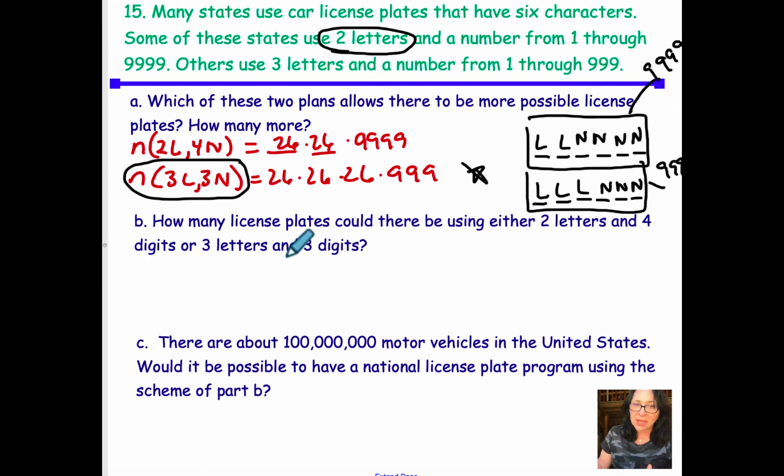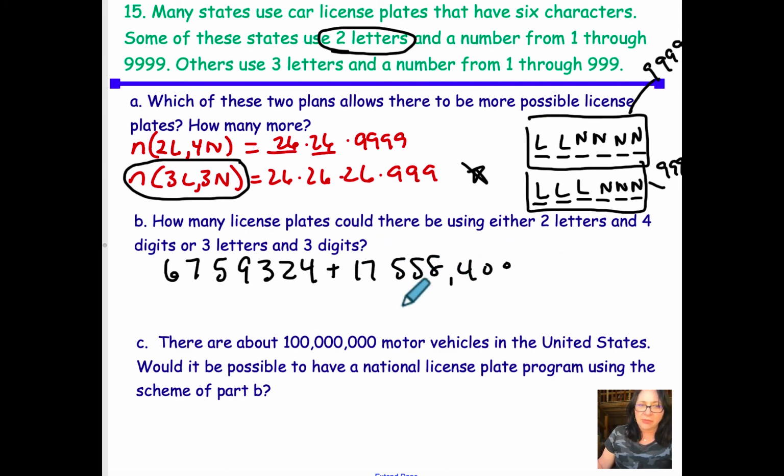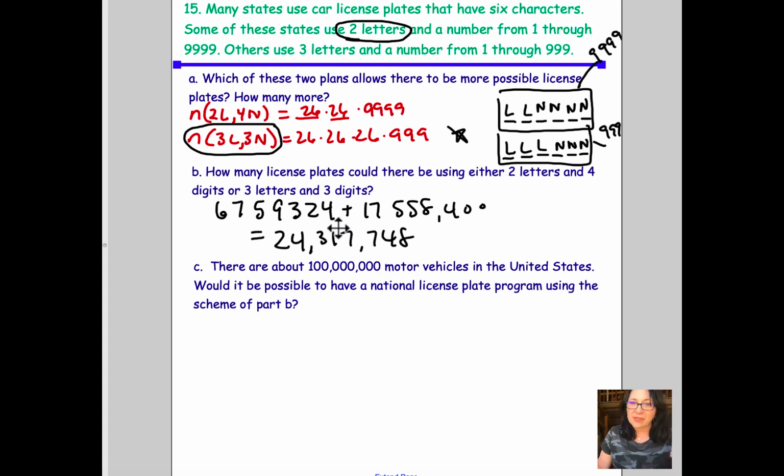They're asking me to do or, which basically means I need to add my 2 sums up, which was like 6,759,324 and then I think the other value was like 17,558,424 for something. I don't remember those last numbers. And then I think the sum is 24,317,748. Okay. So that's how many plates we could have all together.